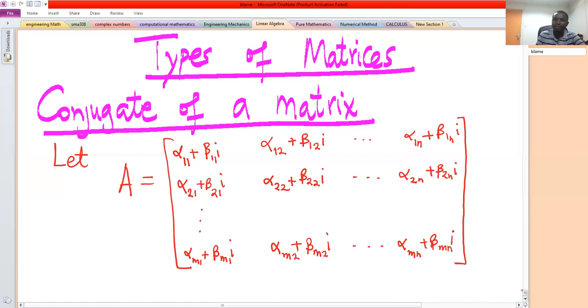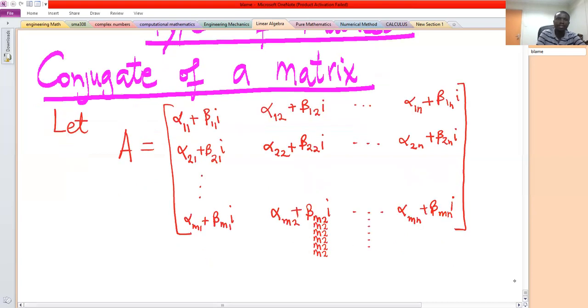So let this one be a complex valued matrix.